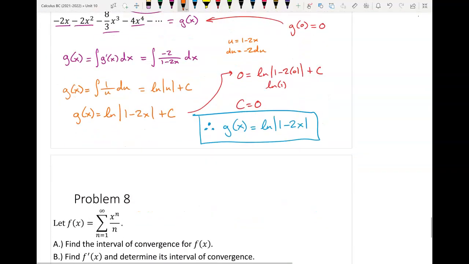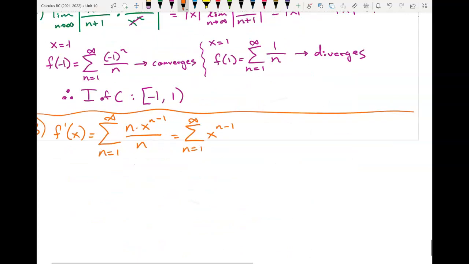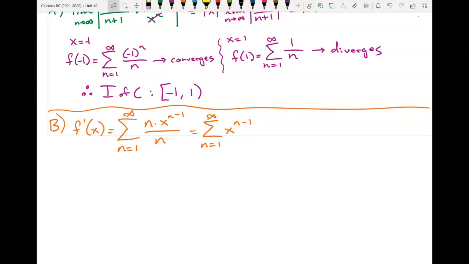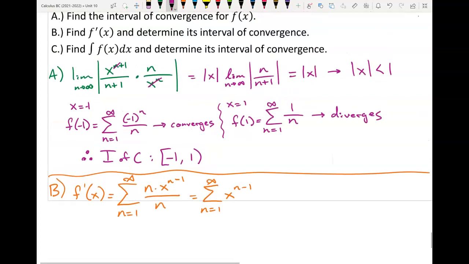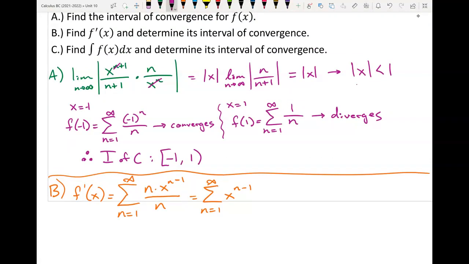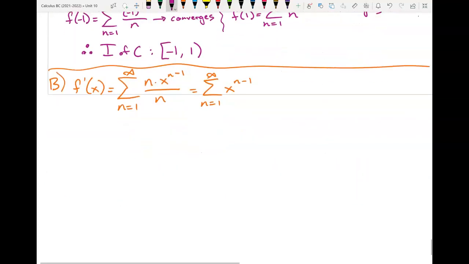All right. Where are we at? There we are. So let's go ahead and look at each of our endpoints. Up here, we were able to say our radius of convergence was 1, right? We're centered at 0, and so we had that open interval -1 to 1, so we have to check -1 and 1.